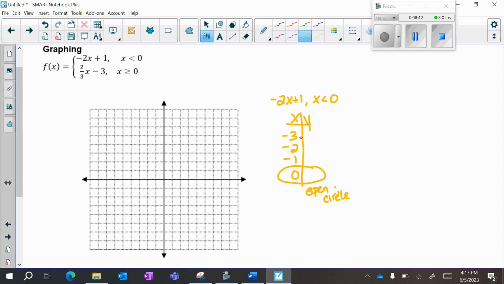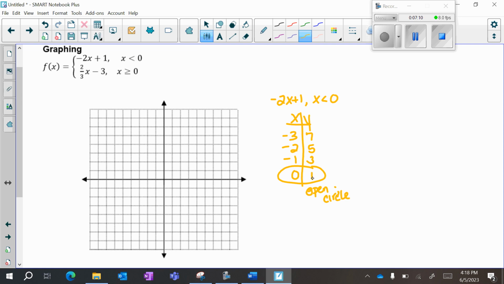So you can use the slope-intercept method if you want, or you can substitute. Negative 3 goes in for x. So negative 2 times negative 3 is 6. 6 plus 1 is 7. Negative 2 times negative 2 is 4. 4 plus 1 is 5. Negative 2 times negative 1 is 2. 2 plus 1 is 3. Negative 2 times 0 plus 1, 1.